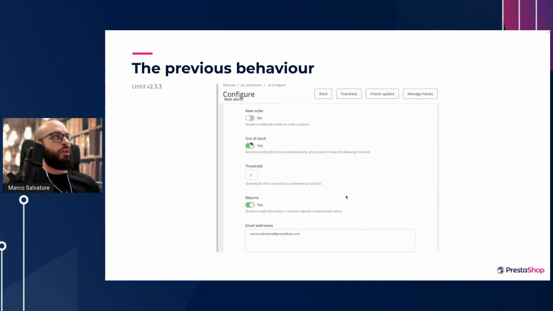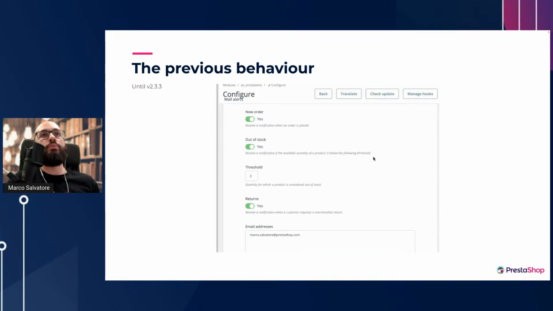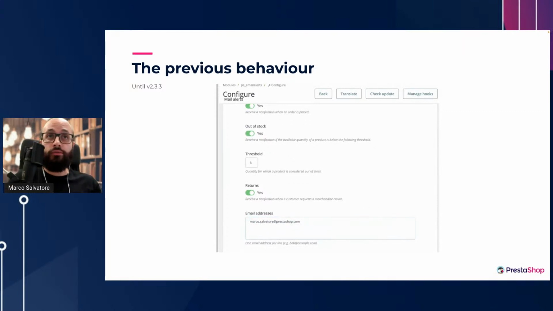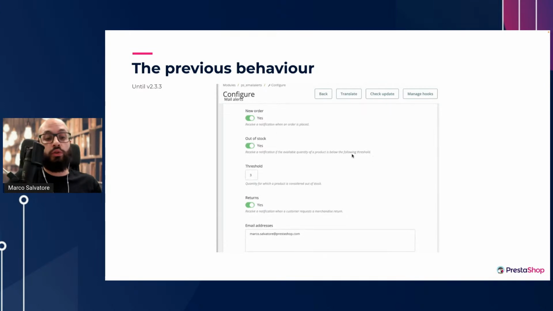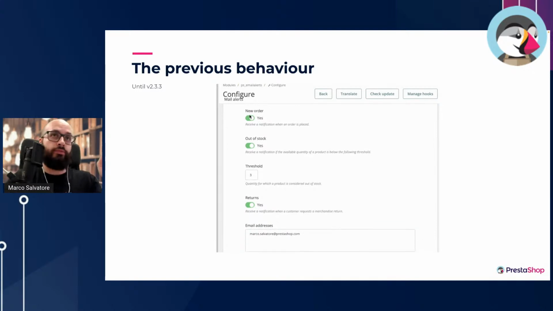Easy. So the previous behavior until v2.3.3 is that you can enable or disable the settings: the new order, the out of stock, and the returns. And at the bottom, you will have a list of email addresses of the employees, of the administrators of the shop, and each email will be sent for each setting.